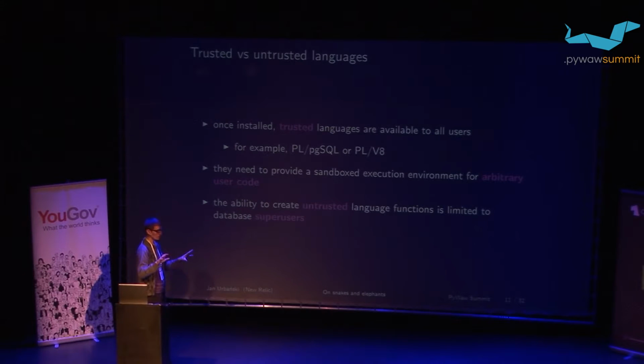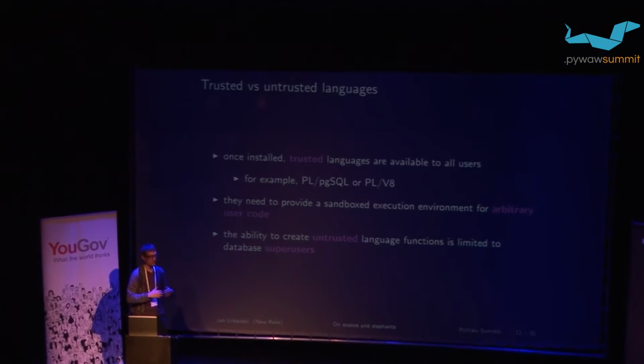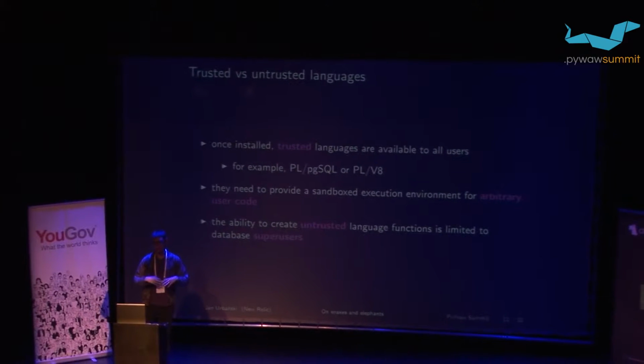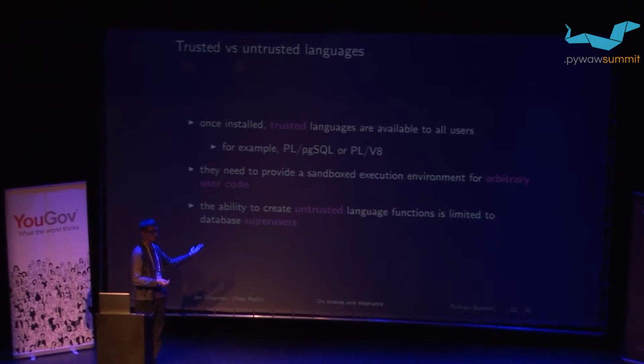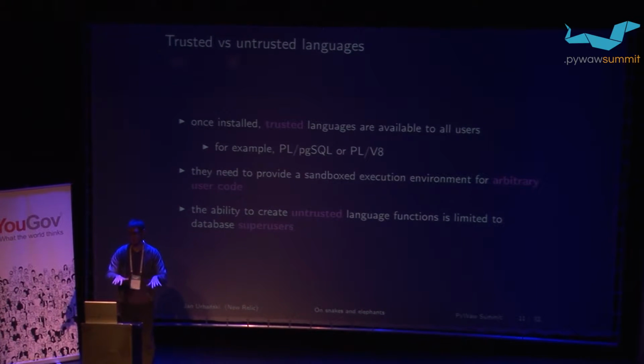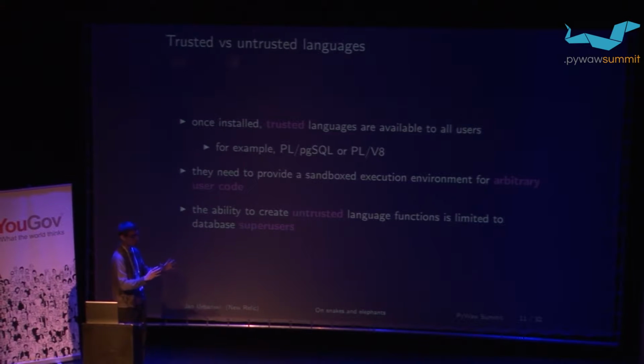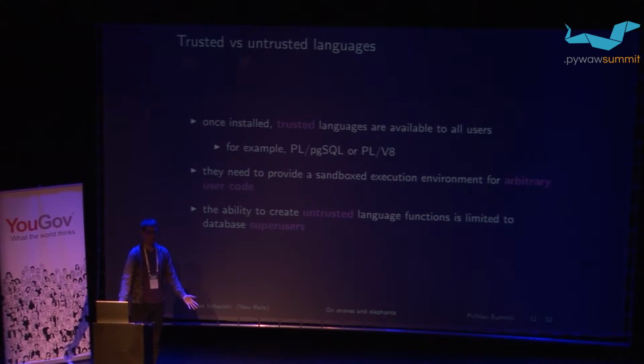There's a distinction in Postgres between trusted and untrusted languages. If a language is trusted, any user can write a procedure in this language. So like PL/pgSQL, you can just log into Postgres and write a PL/pgSQL procedure and call it. Those languages need to provide a sandbox environment because they will be running arbitrary user code, right?